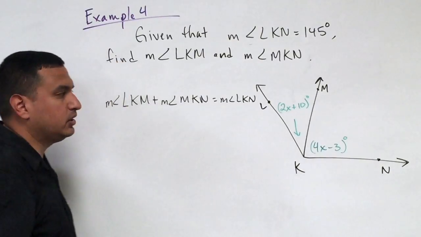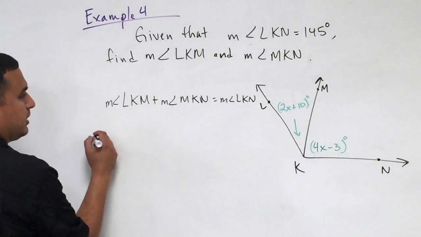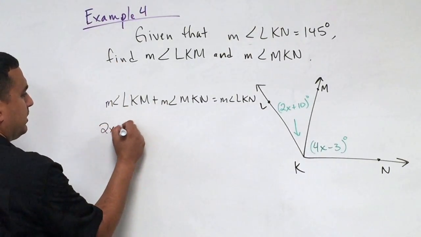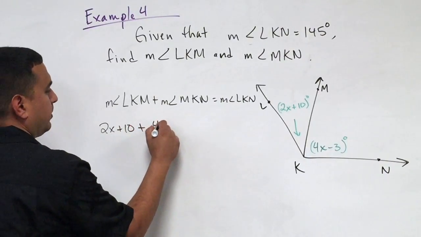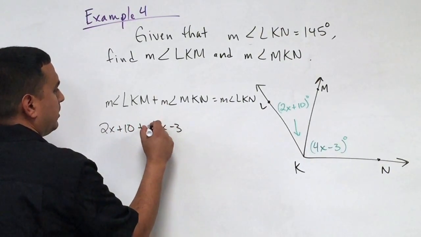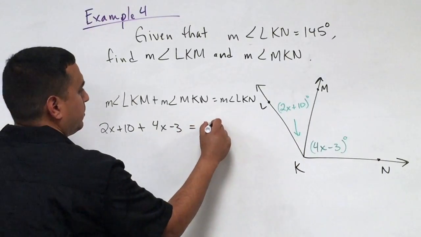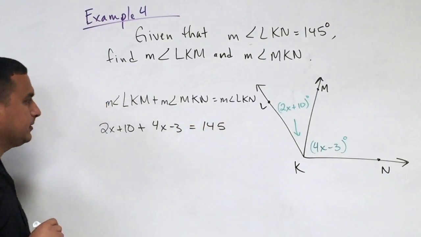Okay, so using what I know, I can substitute. I would say, okay, I have 2x plus 10 plus 4x minus 3 is going to equal 145 degrees.